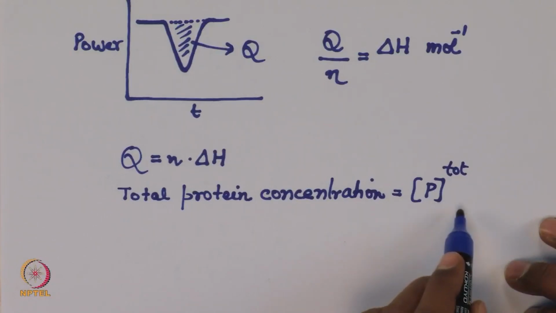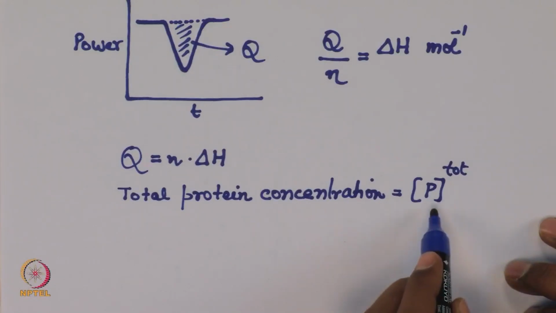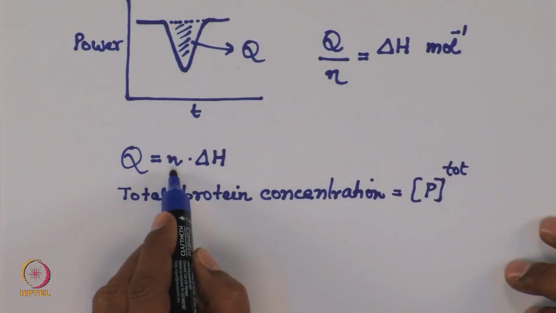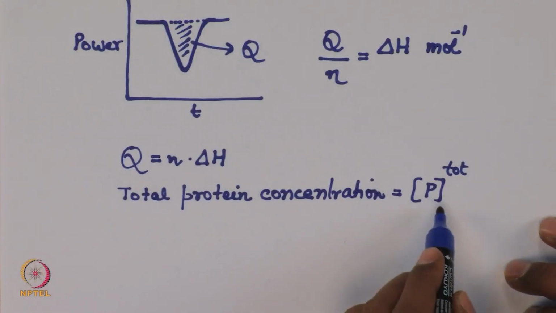It is moles per liter. That means, if I want to write in place of N, it will be concentration into the volume.